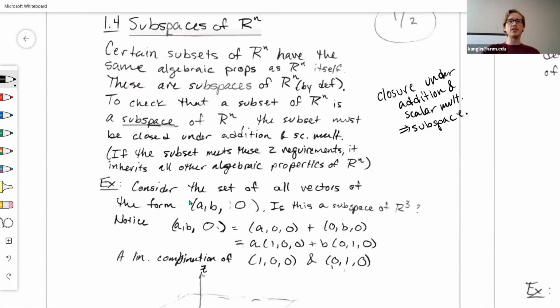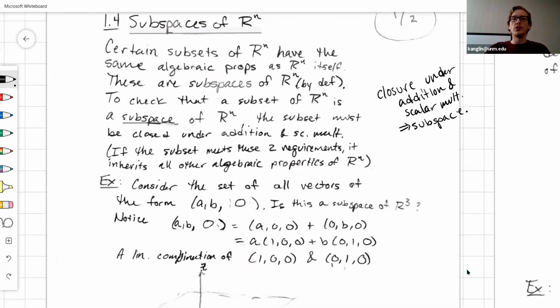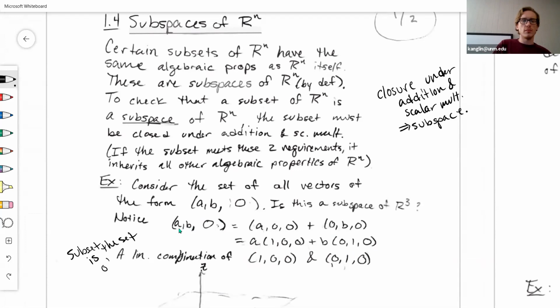We're saying things of this form are really just linear combinations of 1, 0, 0 and 0, 1, 0. So that's really the subset we've defined. I'm going to say the subset is the set of all linear combinations of this vector and this vector.